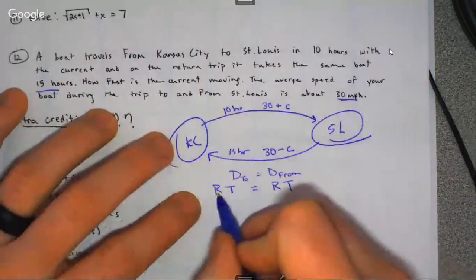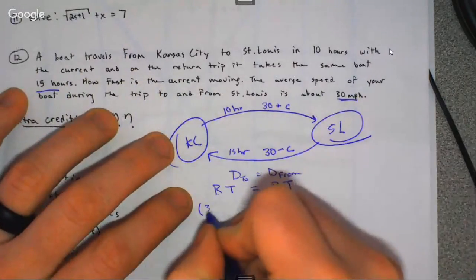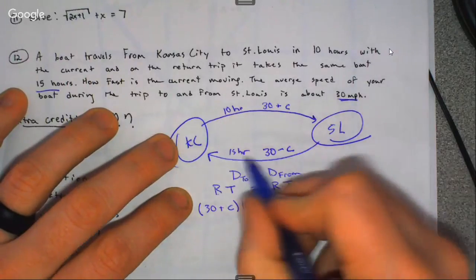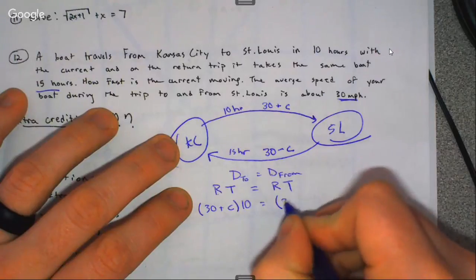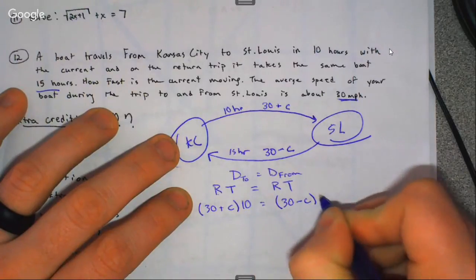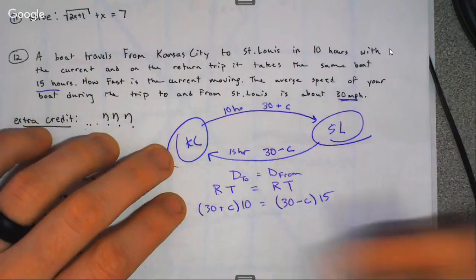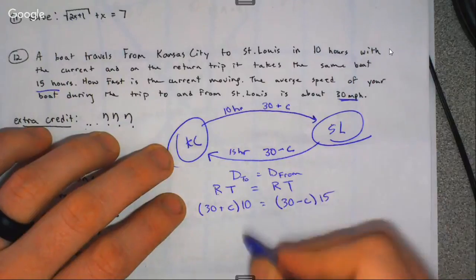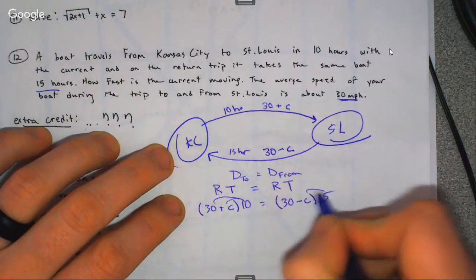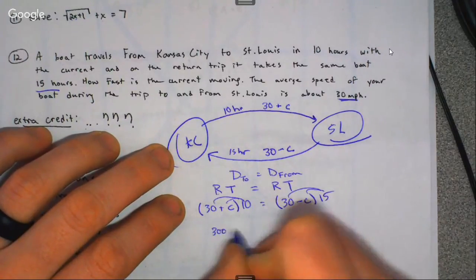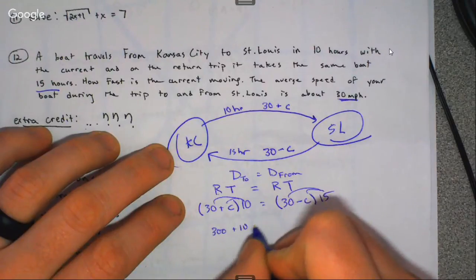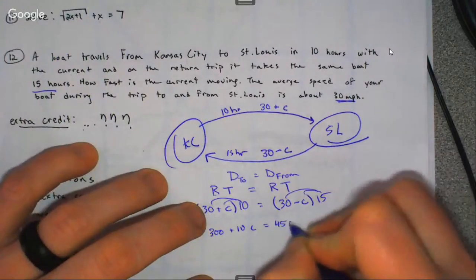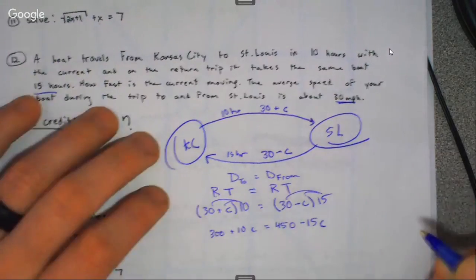Okay, so your rate there is actually right here. 30 plus C times your time is 10 hours equals your rate of return, so 30 minus the current times the 15. Okay, now when I solve this, I will actually get the speed of the current. Okay, so we distribute. You get 300 plus 10C equals 450 minus 15C.